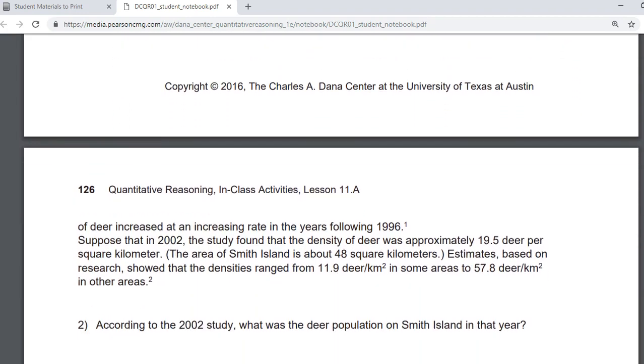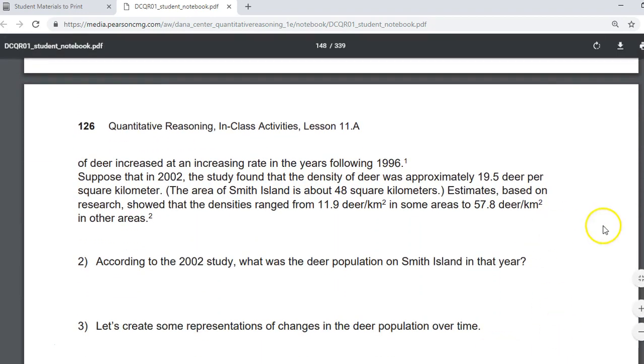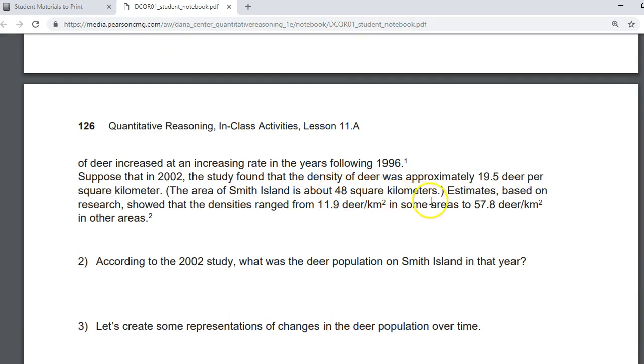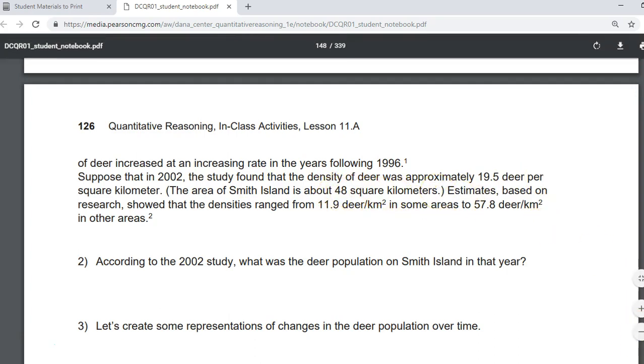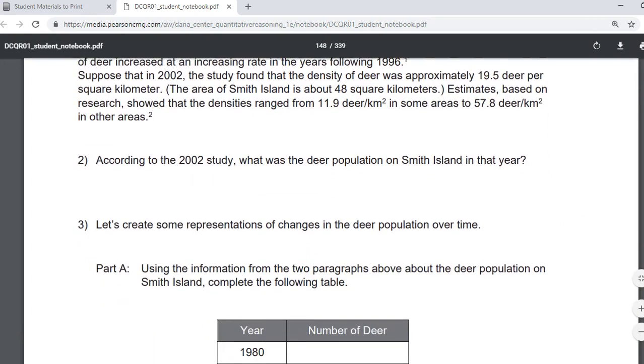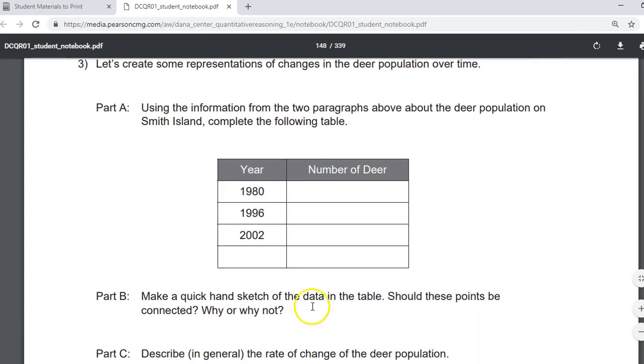So in this lesson, make sure you could calculate, as we did in class, if you have the density of deer or whatever we're talking about and the actual area of the region, could you calculate the number of deer? Could you pull out data from a paragraph, like in 1980 there were no deer, and then we calculated 96 in 2002?